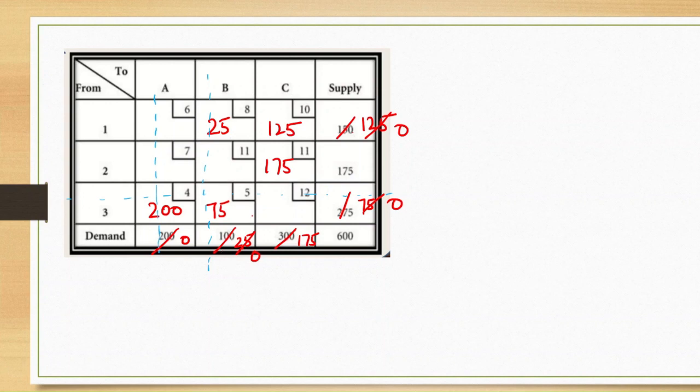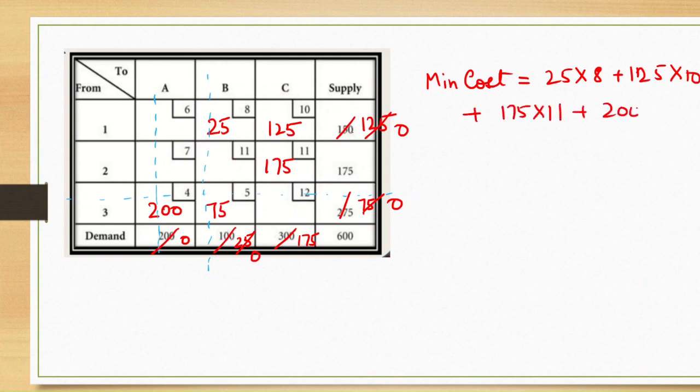The minimum cost is given by the same process: 25 multiplied by 8, 125 multiplied by 10, 175 multiplied by 11, 200 multiplied by 4, 75 multiplied by 5.